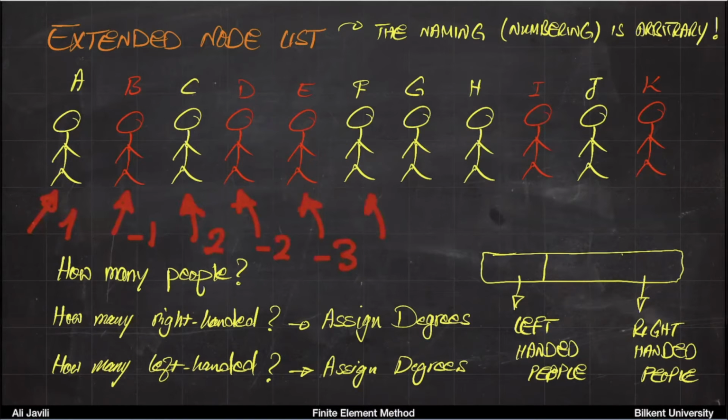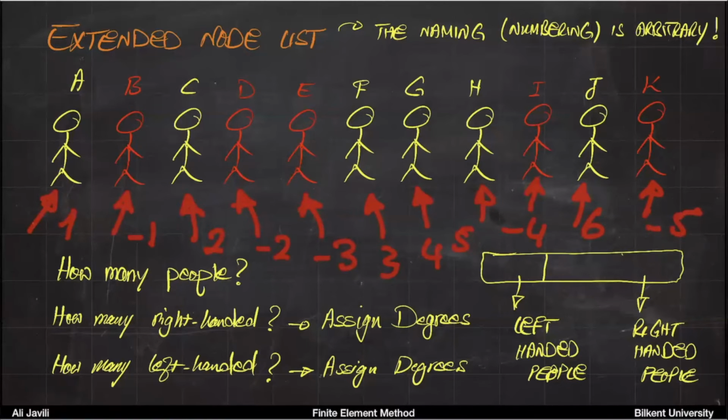Then this guy would shout 3. This guy would shout 4, 5. Then what was the last negative number? -3. So he adds minus 1 to it. So it would be -4, 6, and -5.